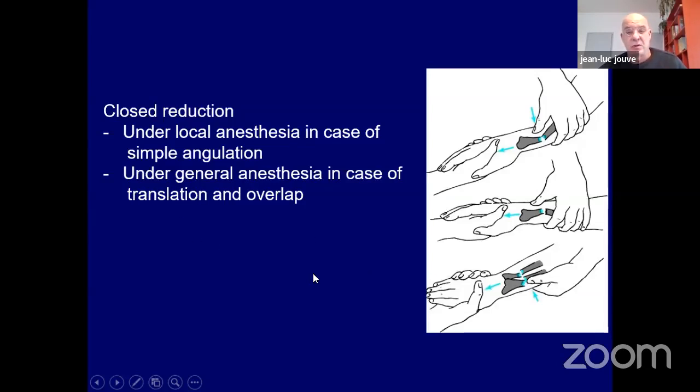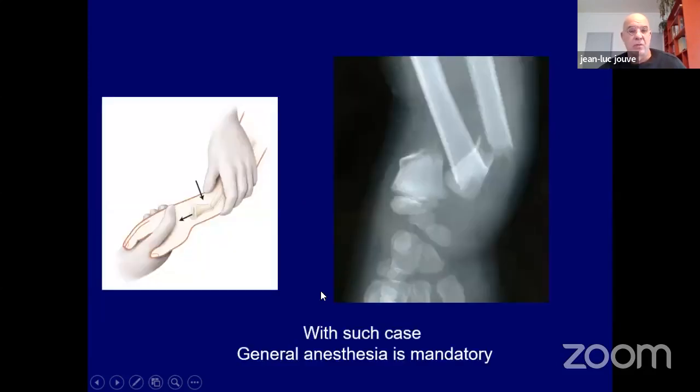So reduction is always the same procedure in the metaphysis or the epiphysis. You worsen the deformity, and after you do the correction, with such reduction, you always obtain a correction in the metaphysis and the epiphysis.